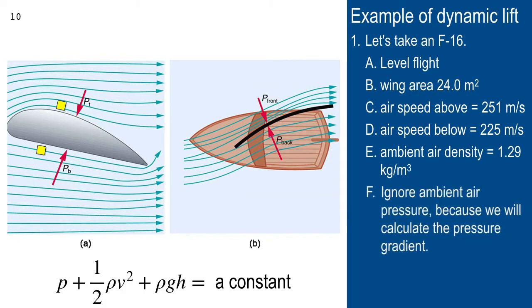Now we're going to ignore the ambient air pressure. And why do we do that? In other words, we're going to compare and calculate a pressure differential. What we're caring about is the lowering of the pressure above the wing versus the increasing of the pressure below the wing.